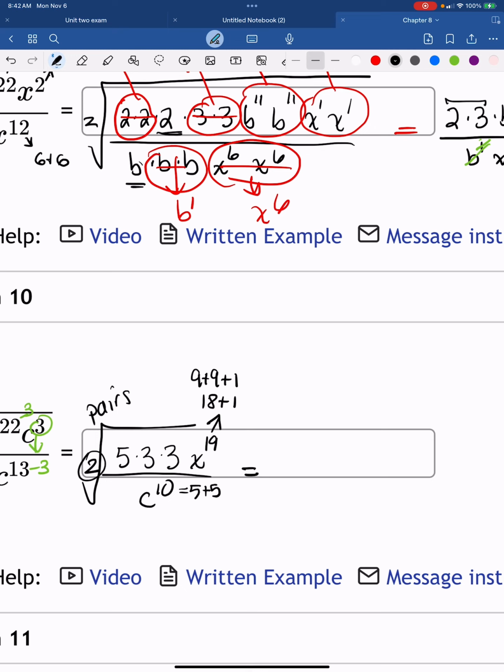So I have my square root of 5 times 3 times 3, x to the 9th, x to the 9th, x to the 1, all over c to the 5th, c to the 5th.